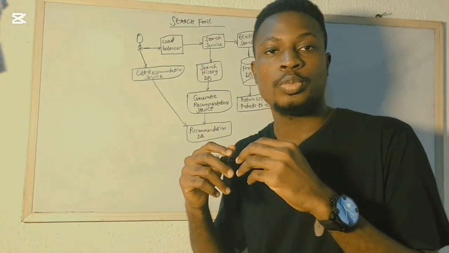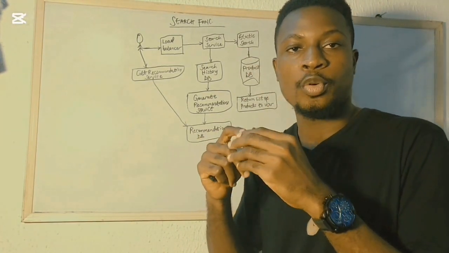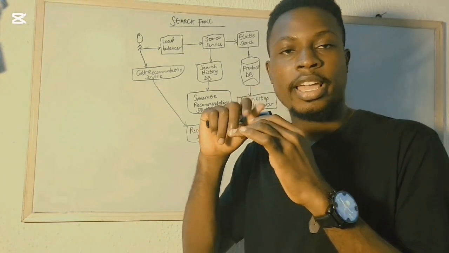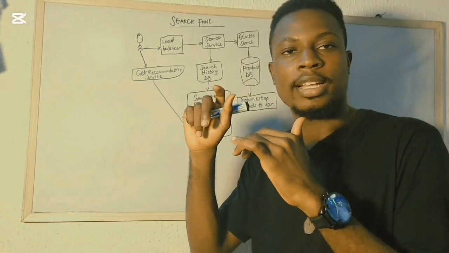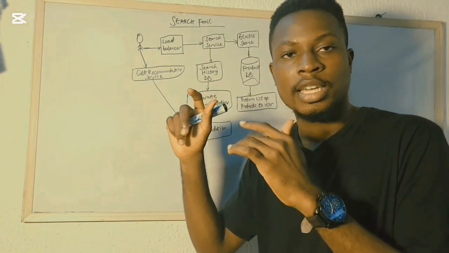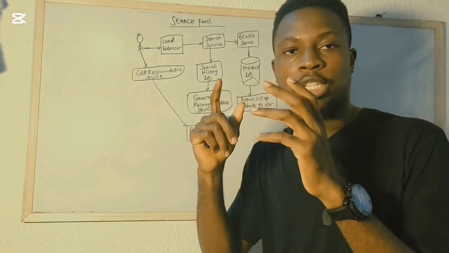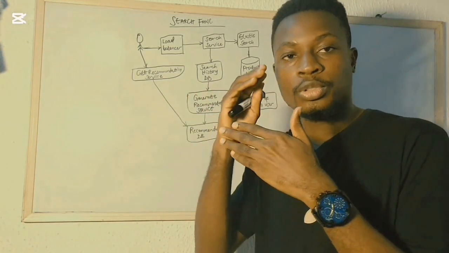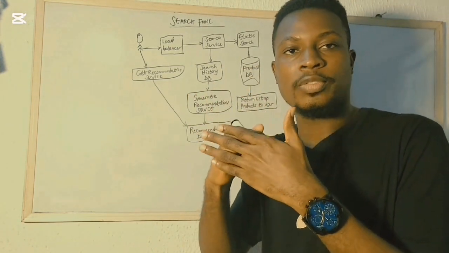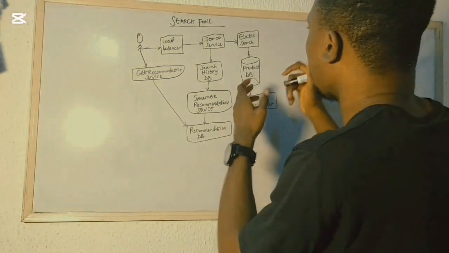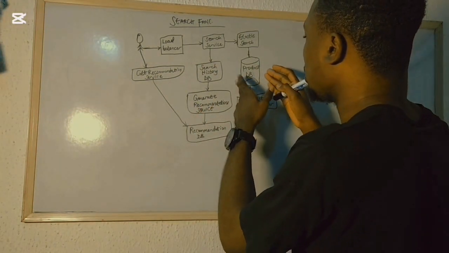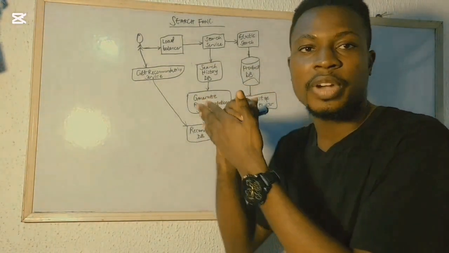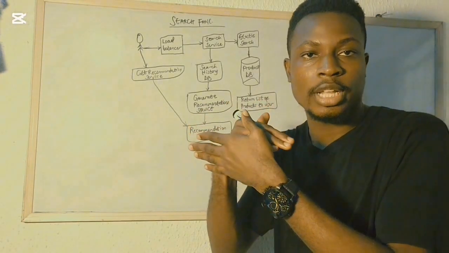Let's say you're trying to search for iPhone and you type IPHON instead of IPHONE. It already knows that you meant iPhone, so it's going to return to you a list of iPhones. It's that smart. So after that, our Elasticsearch goes into our database and returns a specified list of the products that you want.